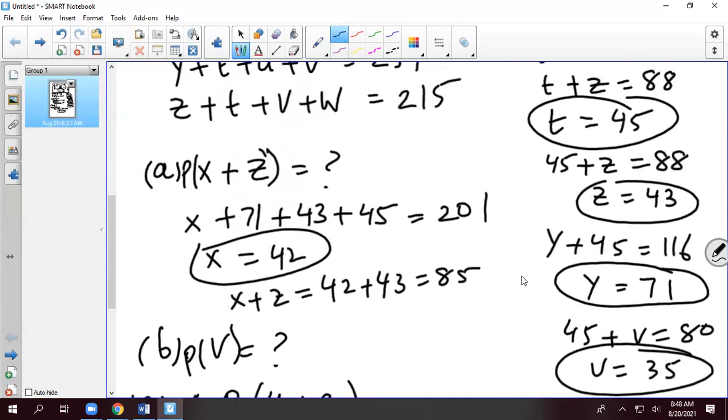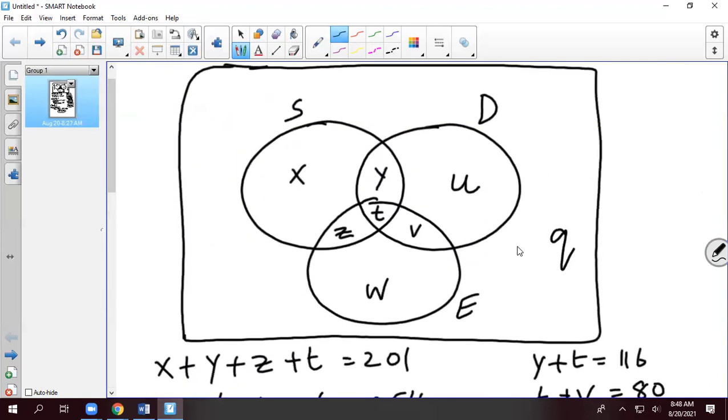And the question is, how do we find Q? The sum of everything is 500.